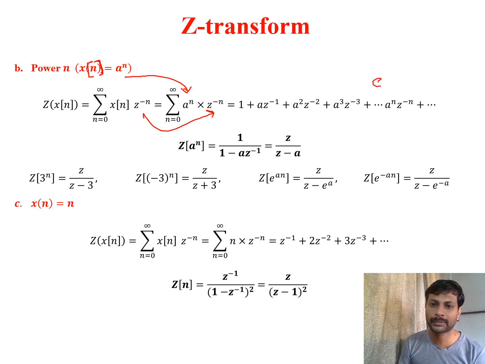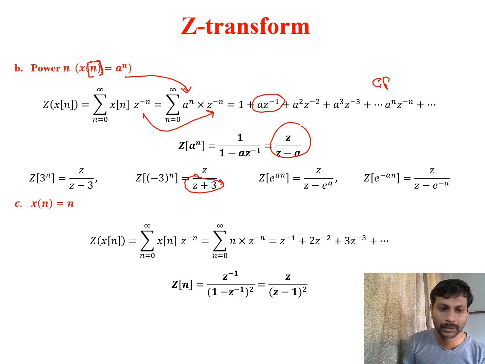So this is also a GP. The repeating term is a z to the power minus 1, so we write 1 by 1 minus a z to the power minus 1. So z by z minus a is the solution. Similarly, if the value of a is 3, then you replace the value of a: z by z minus 3, and so on. If the value of a is minus 3, then z minus minus 3, that is z plus 3. So this is the solution.